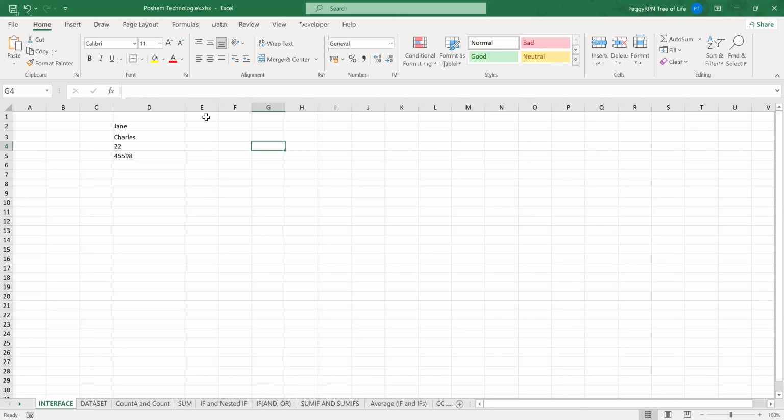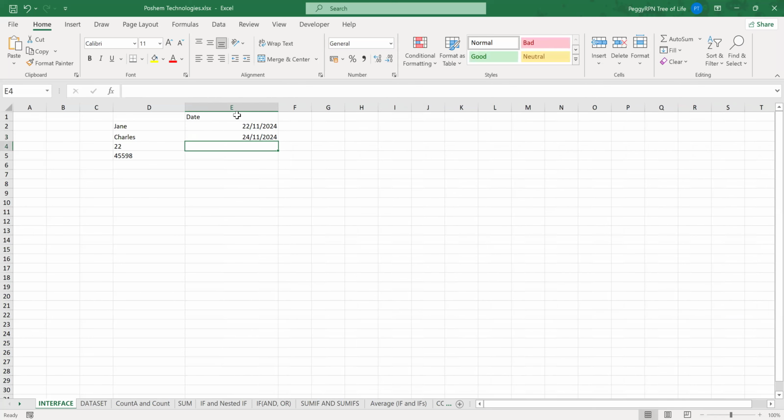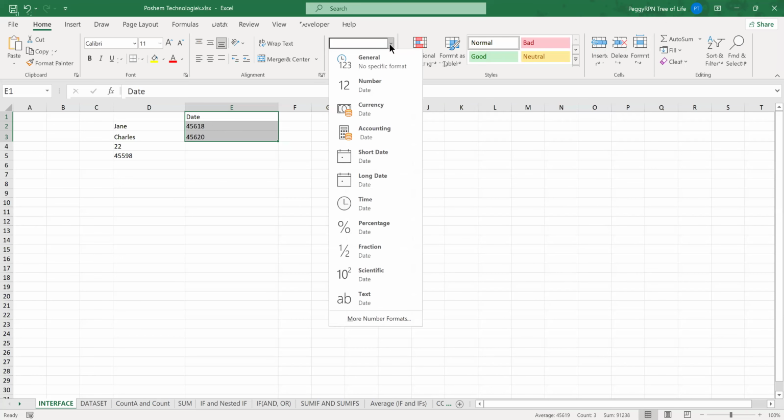Now, if you have a column with dates, and you have 22, 11, 2024, then you have 24, 11, 2020, and this one is aligned to the left, this would show that it's not correct.